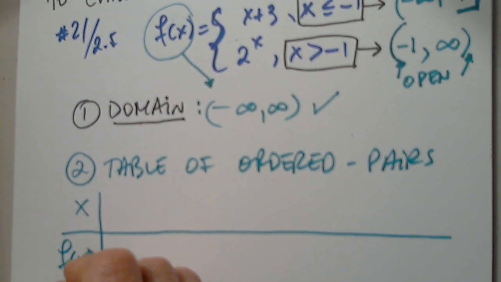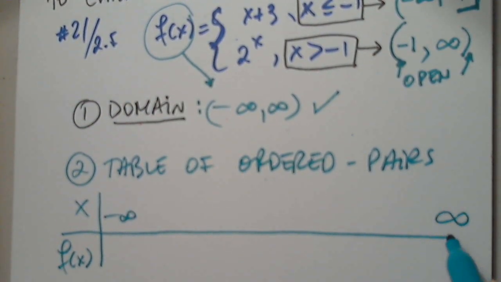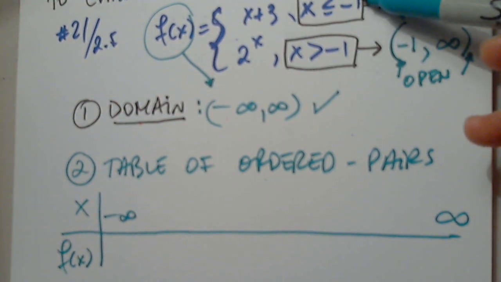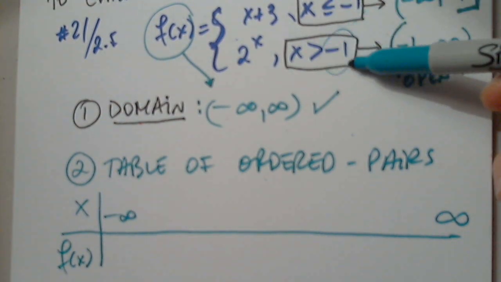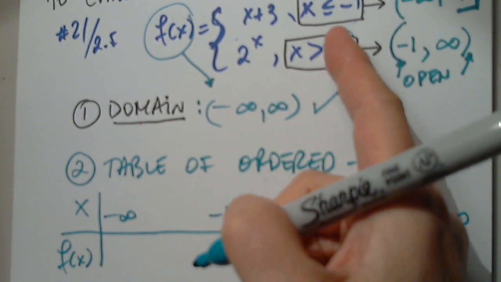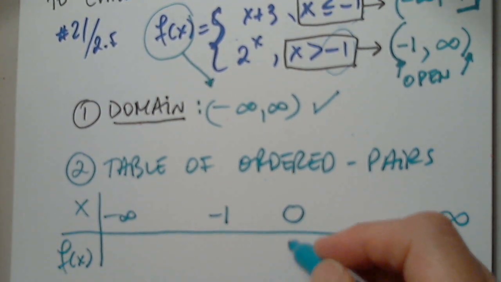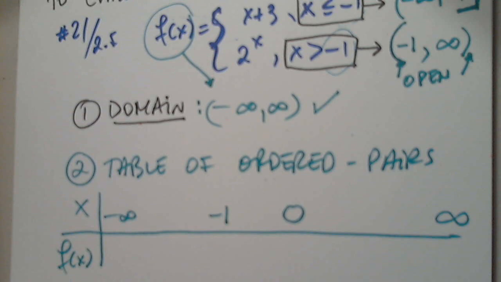So this is f of x. Notice that the domain, you already told me, is negative infinity to infinity. But -1 turns out to be a very important point, or value if you want. So -1 has to be in the table. 0 will always be in the table. Even if the function is not defined, I'm going to show you what happens when it's not defined at a value. So allow me 1 second to stop this video.